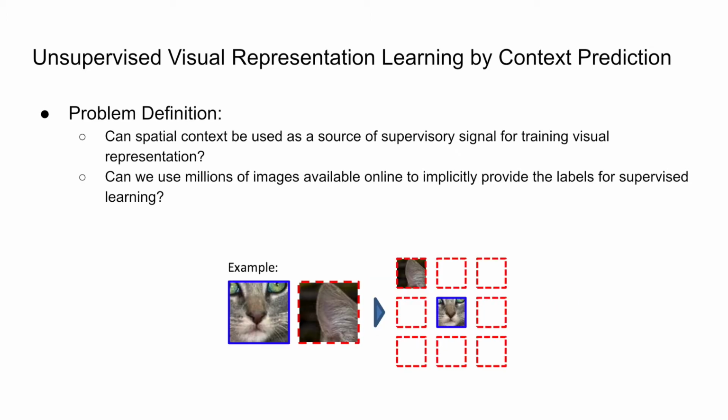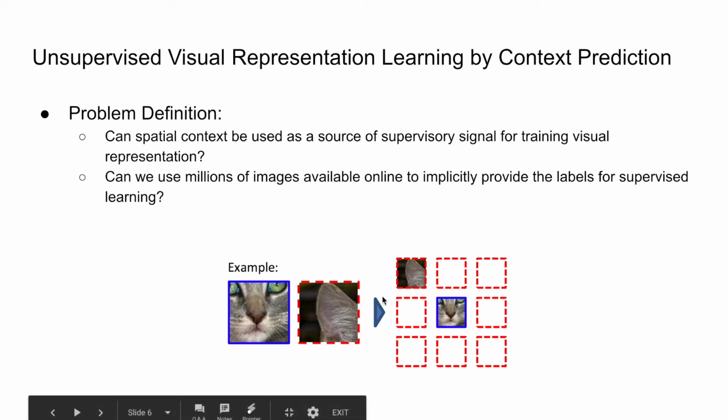The paper also gives a very good example by placing it in a nicer context. It takes the picture of a cat and splits it into two sections. One has the face and one has the left ear. The face is placed at cell number 5 and the left ear at cell number 1.